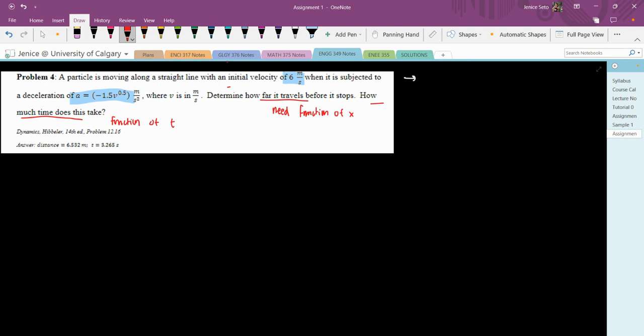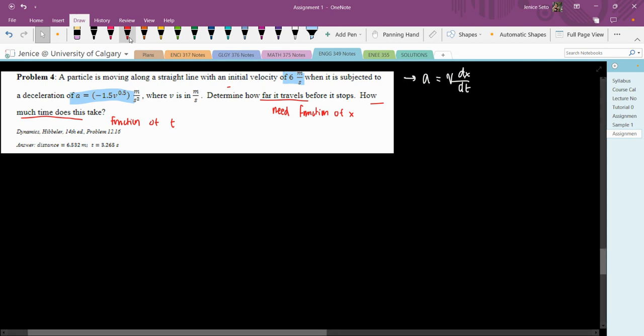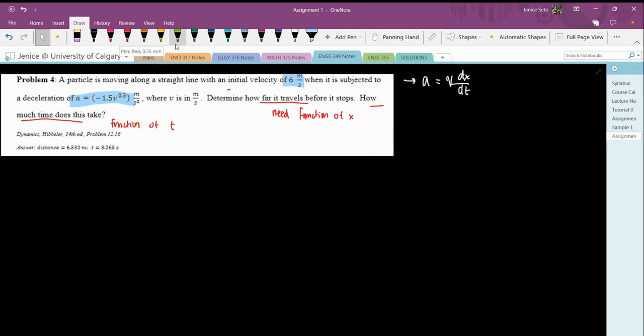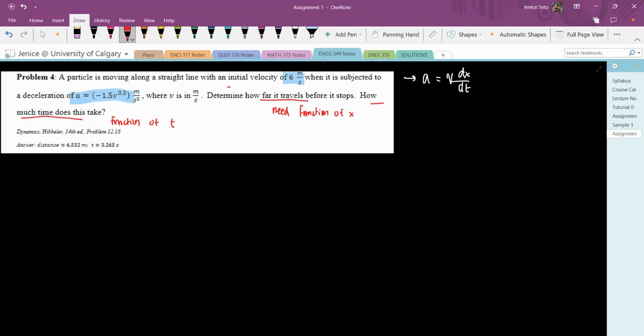Okay, to start, we want to find our acceleration with respect to x. Right, we need it as a function of x. So there's this equation that we are given in our sheet, which is a equals v dv over dx. And that is what we are going to use to solve the first part of our problem, because we are given dx, dt, as well as our v.